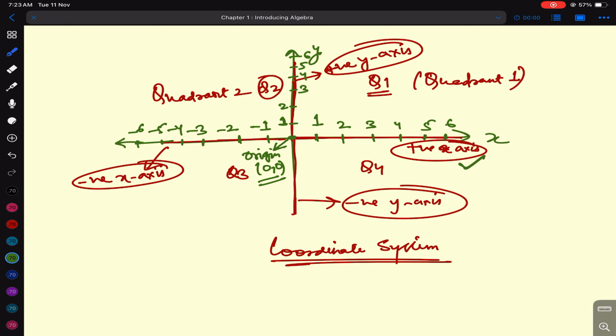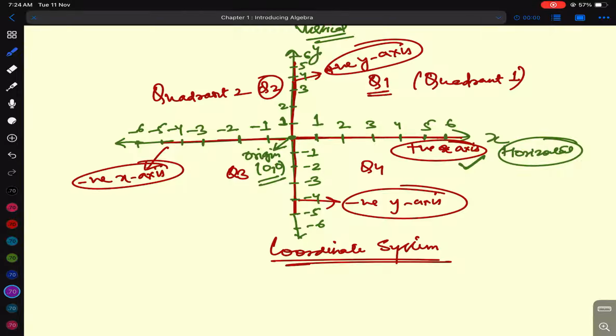Similarly, this is going to be in the negative y-axis as well, which is vertically downwards.